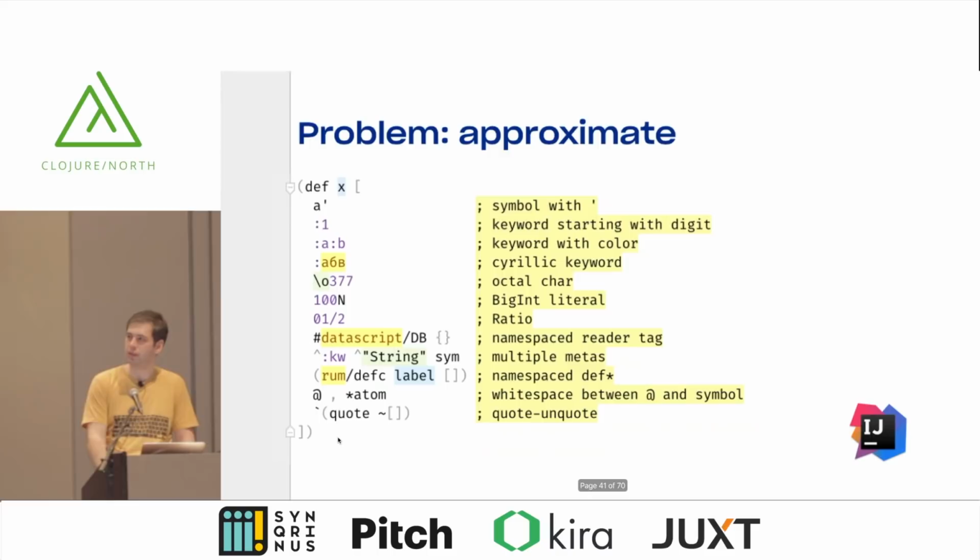So yeah, IntelliJ IDEA is supposed to be better, I think, because I think they don't use regular expressions for grammar. I hope they use something better, I don't know. But it's still not good enough, right? In this case, we also see it doesn't know about Cyrillic keywords, about octal characters, about begins. And also here you see the data script / something. It's a warning, and it tries to warn me that this namespace doesn't exist.